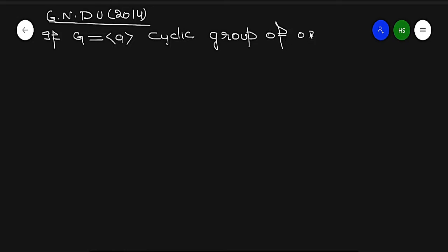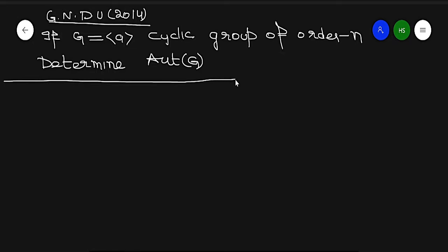So if G is a cyclic group of order n, suppose it is a cyclic group of order n, then determine the automorphisms of G. So remember that there are only two automorphisms when G is a cyclic group of infinite order.